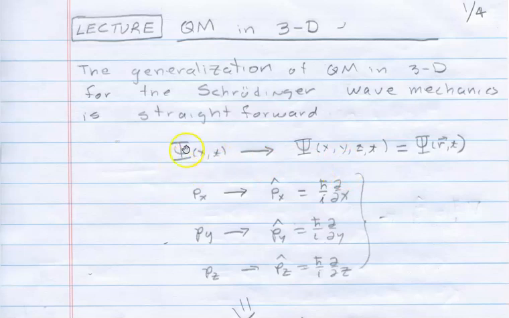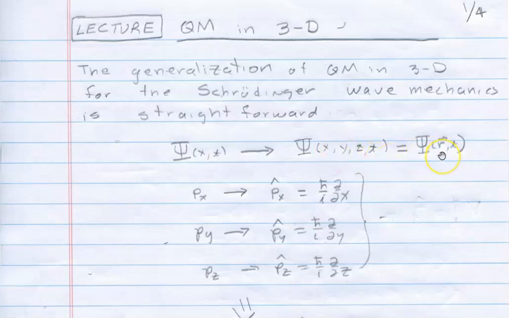In the Schrodinger wave mechanics in one dimension, we had a wave function psi of x and t that only depended on a single dimension x. Well, pretty obviously we can extend that to three dimensions by incorporating x, y, and z for the location variable. And I'll use shorthand notation usually for this and call that r vector.